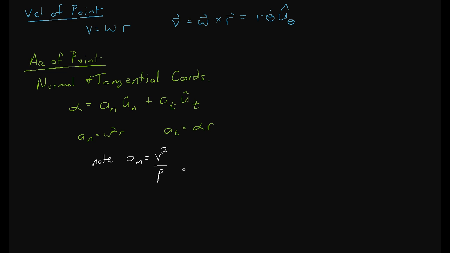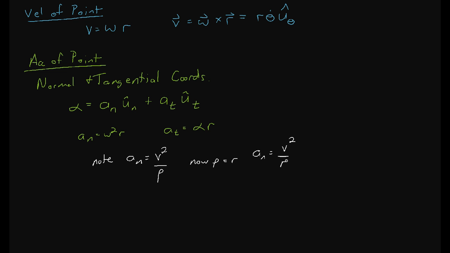If you remember back to the normal acceleration from before, it was v squared over rho, where rho was our radius of curvature. But now, since our radius of curvature isn't changing because we're confined to going in that circle, rho is equal to r.